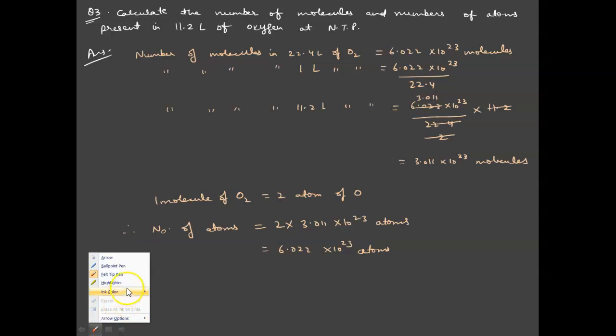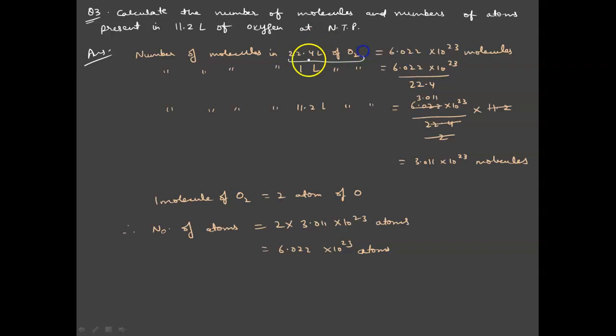In the formula section, when we were writing the formulas, we said that 1 mole equals 22.4 liter of any gas. So the number of molecules in 22.4 liter is equal to the Avogadro number, that is 1 mole.